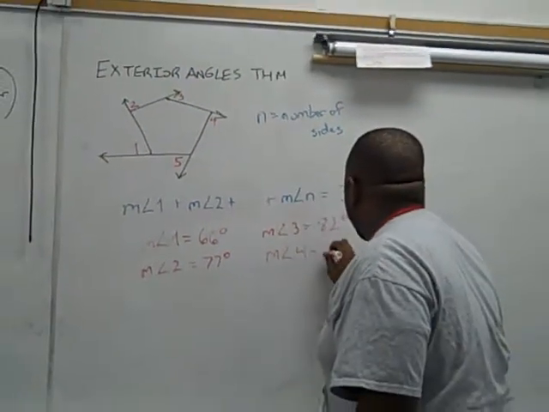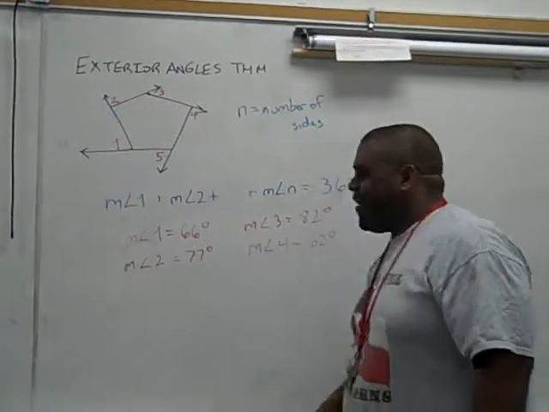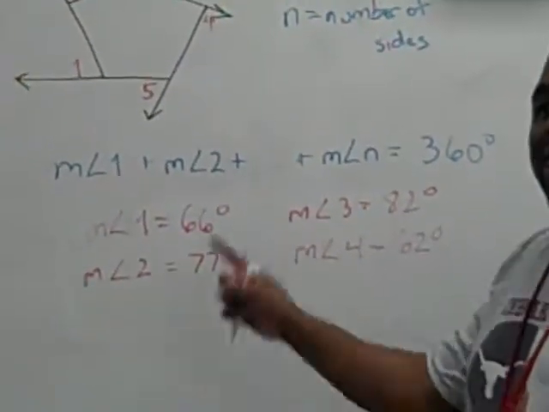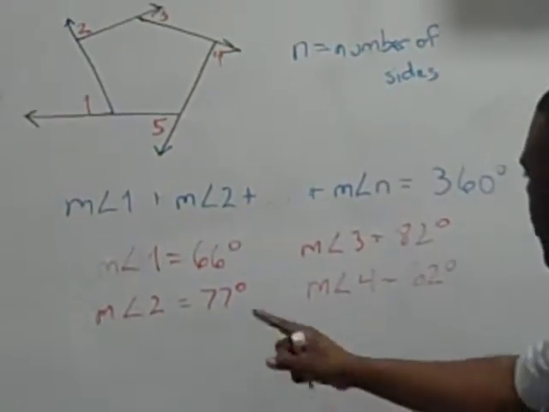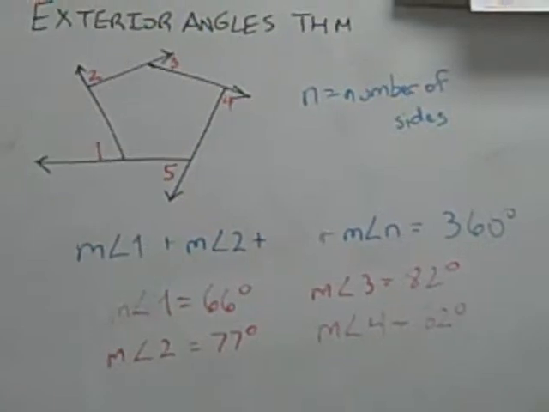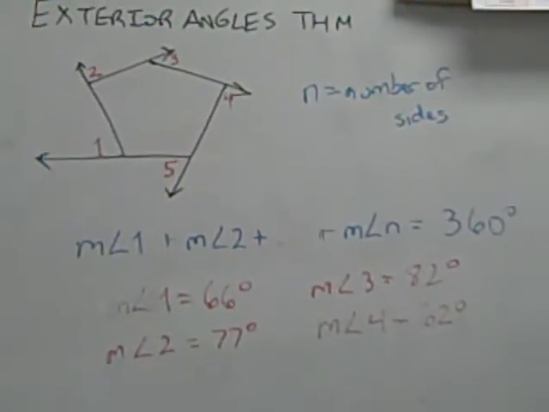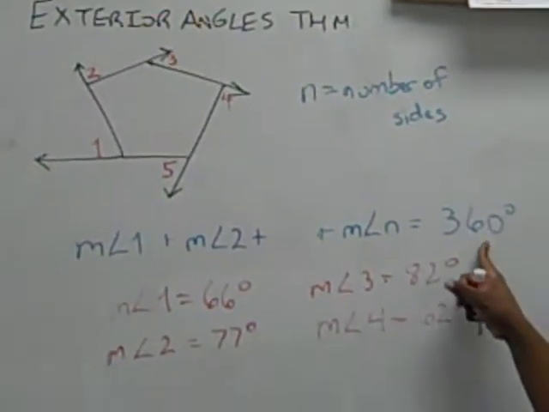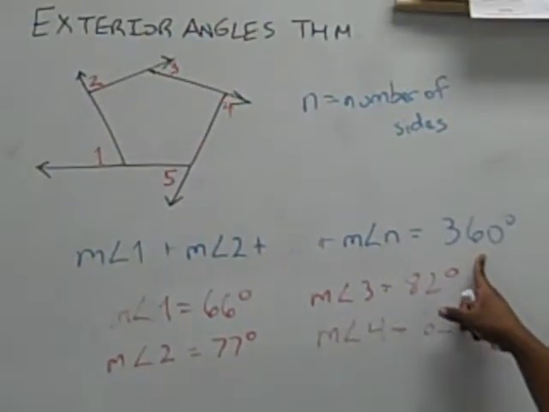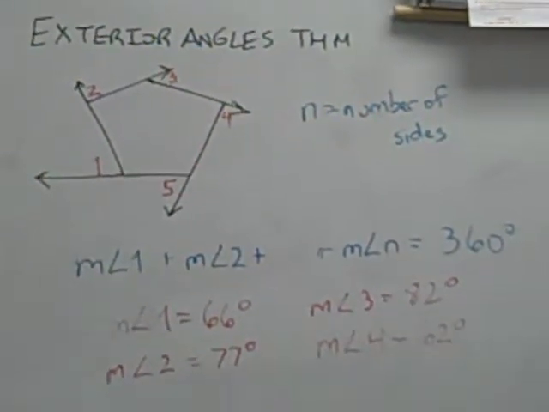And angle 4 is 62 degrees. But then you say, Mr. Swisher, you've only given me 4 angles. You got to find the 5th one. So all we got to do is take these 4 angles that I've just given you, we're going to add them up, and then we're going to use our exterior angles theorem, the sum of the exterior angles, to come up with the amount of that missing angle.